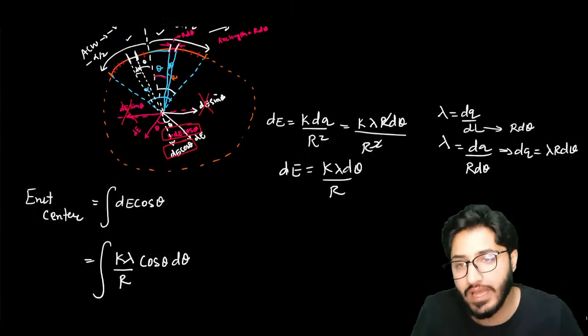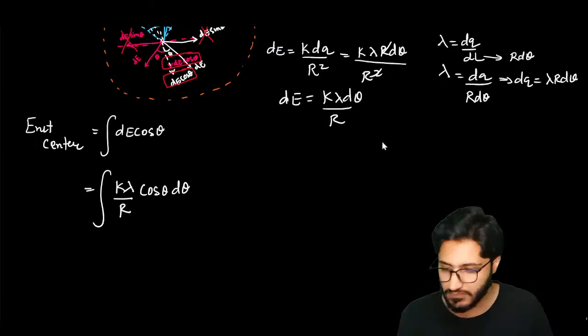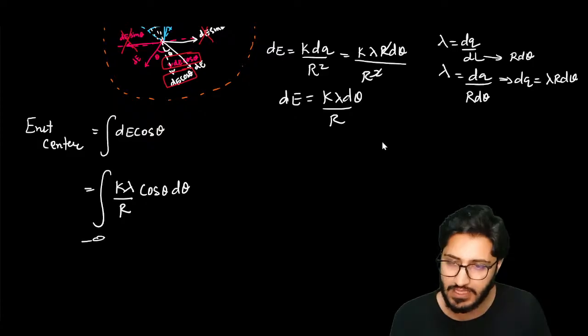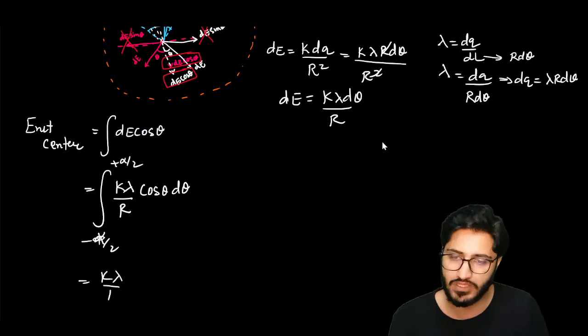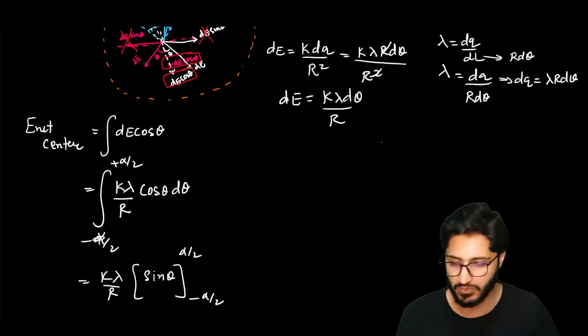So from minus alpha by 2 to plus alpha by 2. Look, k is constant, lambda constant, r constant. So the integration of cos theta will be sine theta only, with limits alpha by 2 and minus alpha by 2.